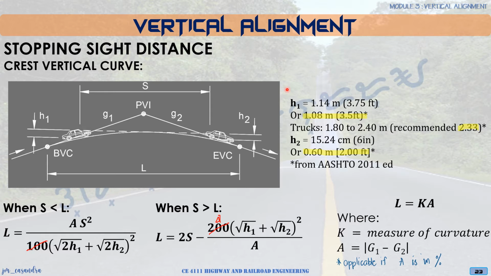And from that study, there was a decrease of height to 1.3 meters. So the vehicles these days have heights of 1.30 meters na lang. Okay? And with this decrease of height in cars, there was also a comparable decrease in the average height of eyesight by the drivers. That's why from 1.14, it was reduced to 1.08 meters.